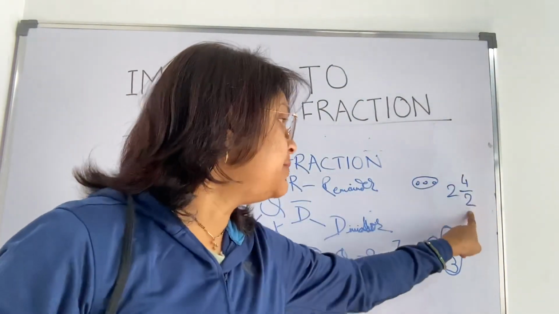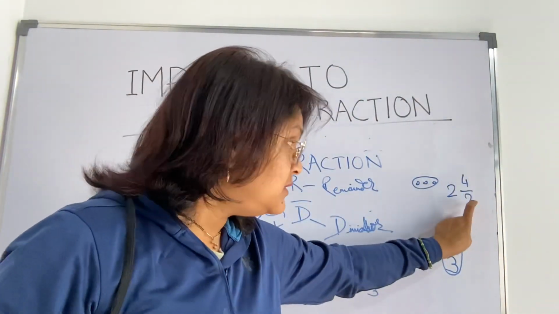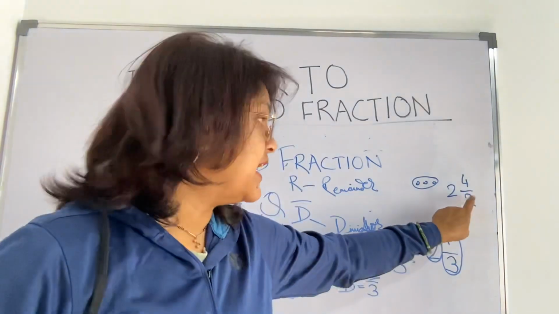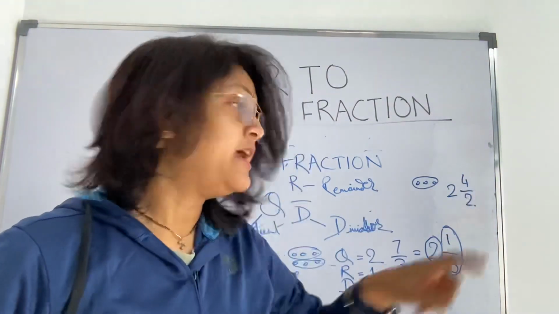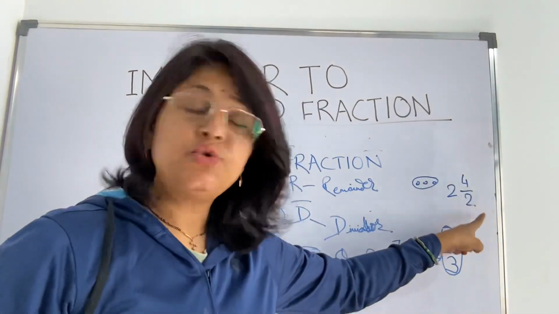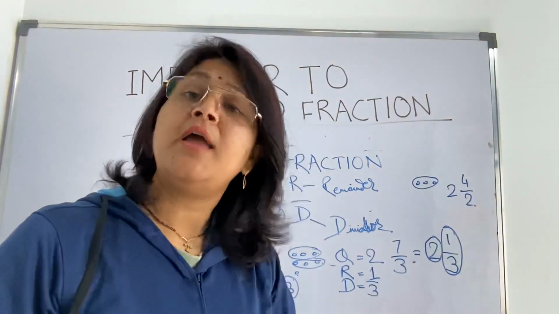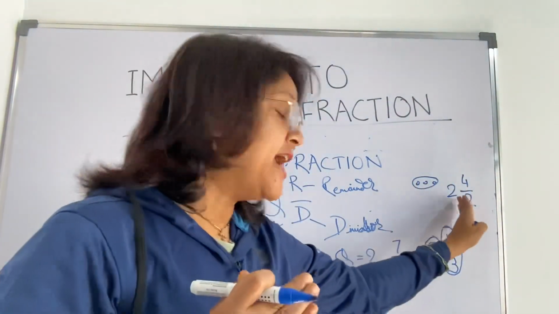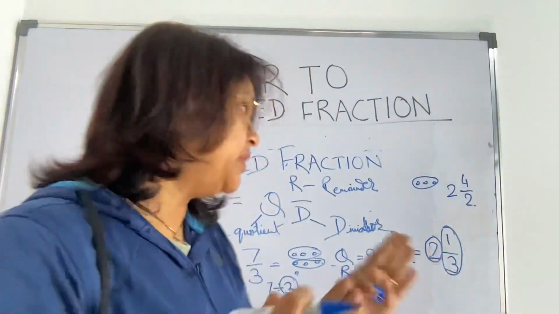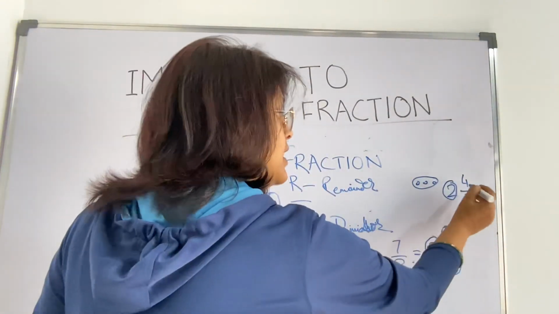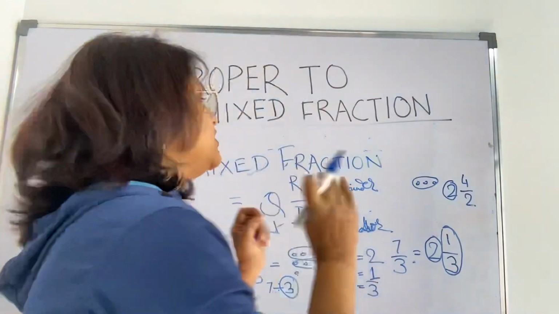Why? Because they will be given a Q. This can again be further divided, and as in 4 by 2 the numerator is more than the denominator, it means it's an improper fraction. The end result of a mixed fraction should be a whole number and a proper fraction.